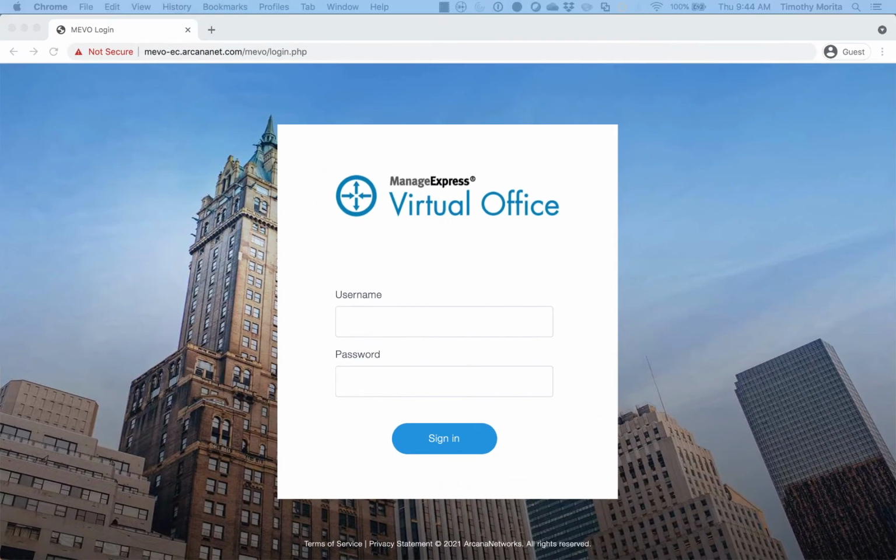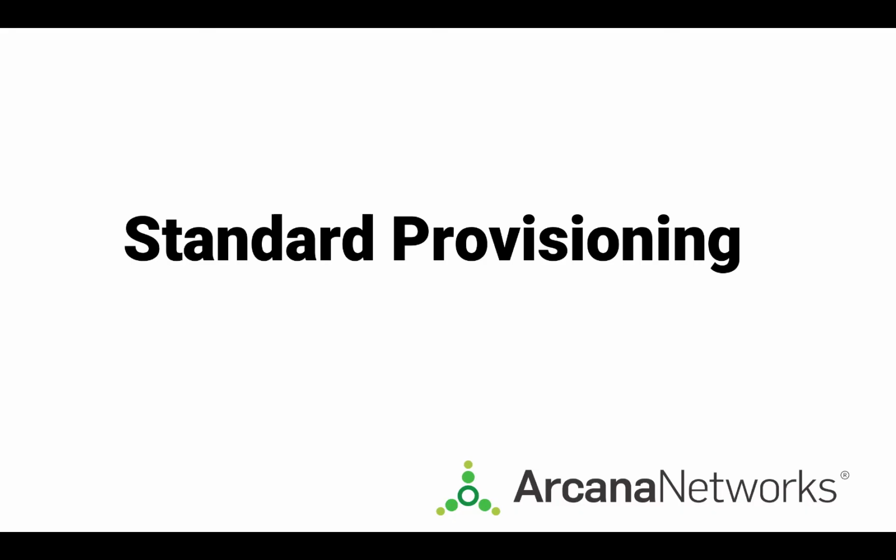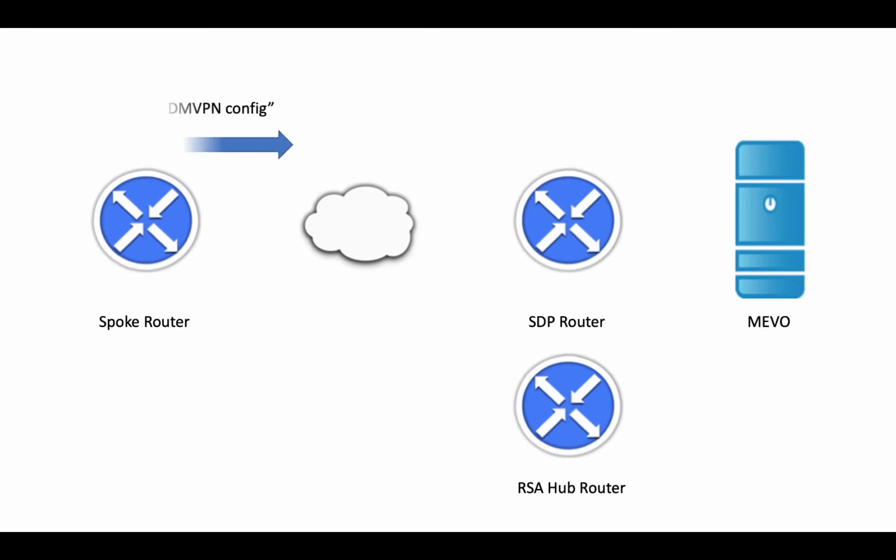Okay. Now, before I log in, it's probably beneficial if I go over the CertAgent workflow that MEVO uses, because that'll help make more sense of which page we go to in MEVO, what we're doing, and why we're doing this. For most customers, our typical MEVO deployment, you connect your laptop to your router, you go to the provisioning website.